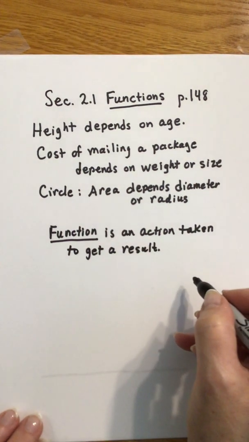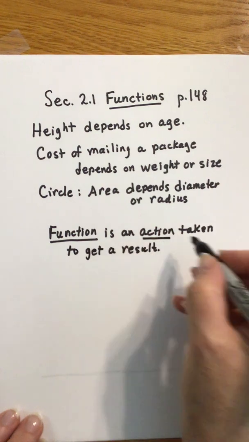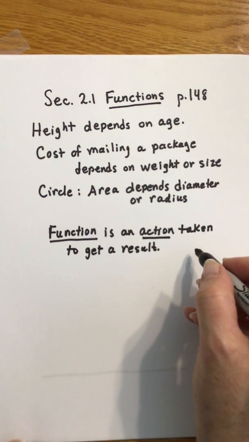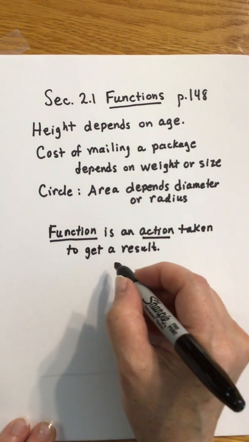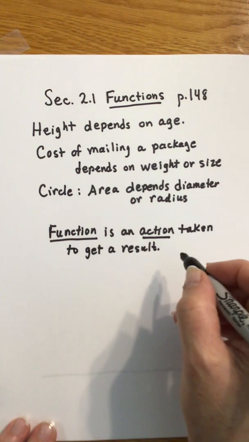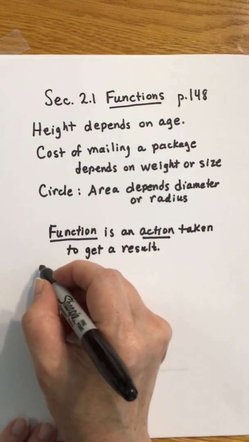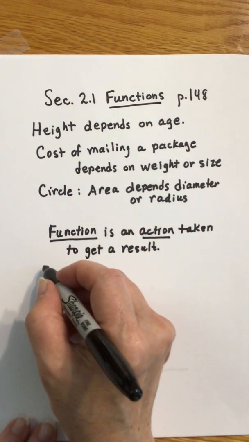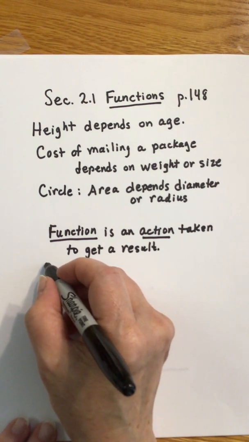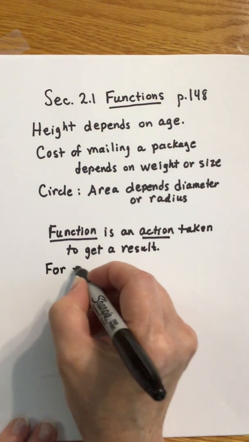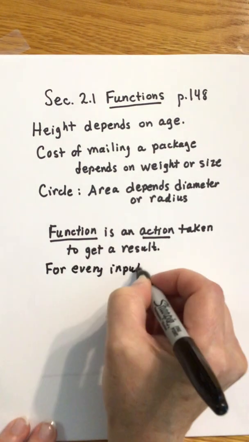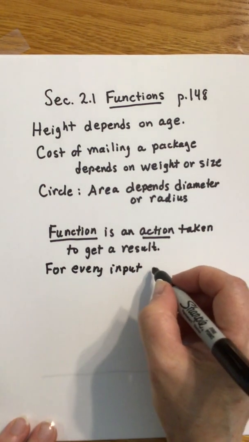So a function is an action taken to get a result. For every input that we put in, there's only going to be one output. So a function is an action taken to get a result, that for every input, there is only one output.